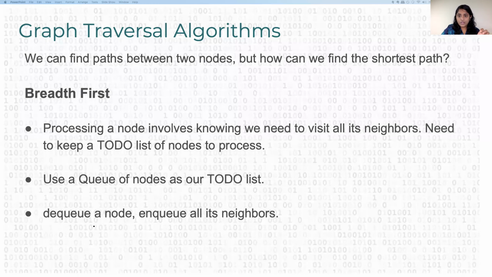So first we add a node to the queue, and then dequeue from the queue. Dequeue happens from the front of the queue, and then we enqueue all the neighbors of that node as a to-do list to the back of the queue. Let's see how it's being done.